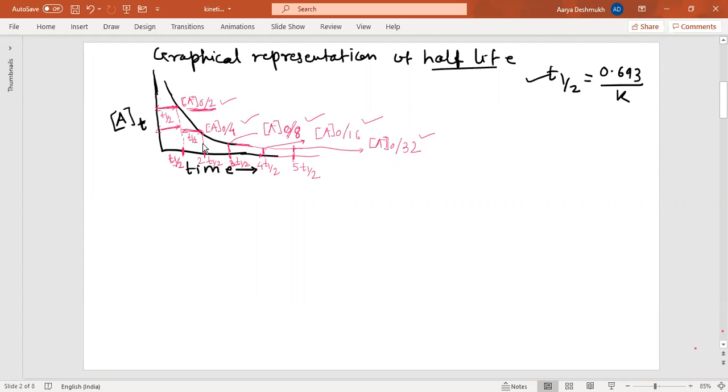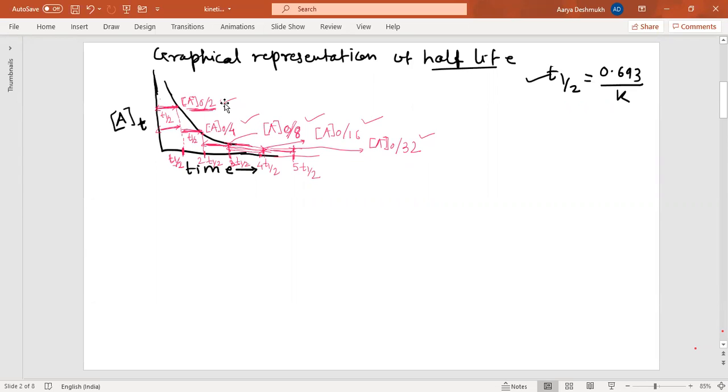Meaning for each and every time, this portion will be your T half. This will be your portion for the T half. This is again your portion for the T half, from this to this only. Okay. So this is your first T half, this is second T half, third T half, this is fourth, and the fifth, and so on. So accordingly, the values for these concentrations will be like this, and so on.